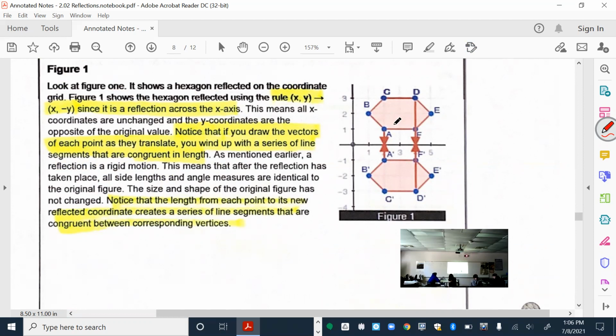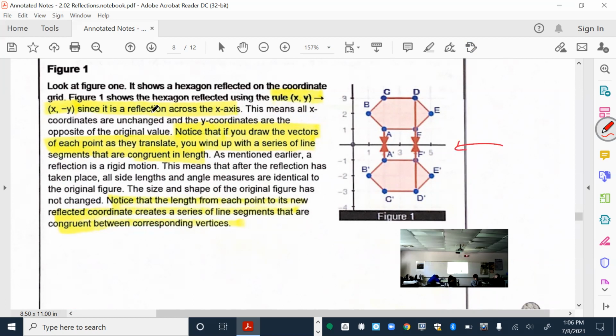All right, it tells us the rule. Let's pretend it didn't tell us that it's reflected across the x-axis. If it says like what rule was used, or where was it reflected according to this rule, you would know that it's across the x-axis, right?